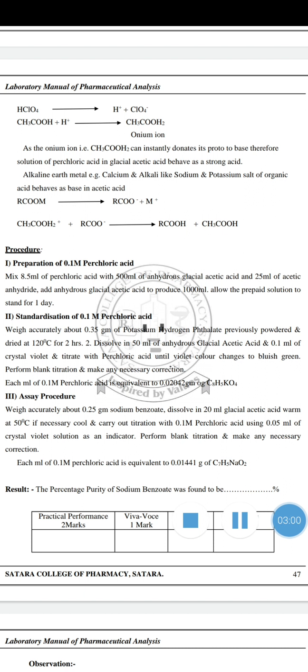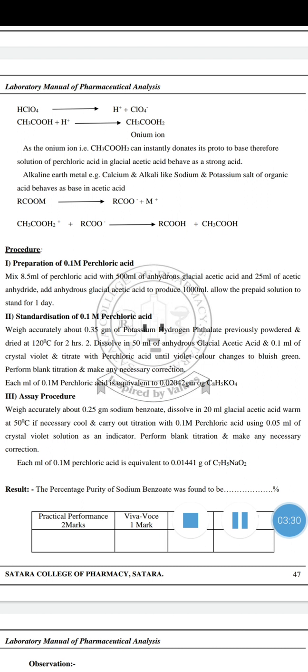Allow the prepared solution to stand for 1 day. Then standardization of 0.1 molar perchloric acid: weigh accurately about 0.35 gram of potassium hydrogen phthalate, previously powdered and dried at 120 degrees Celsius for 2 hours. Dissolve in 50 ml of anhydrous glacial acetic acid, add 0.1 ml of crystal violet and titrate with perchloric acid until the violet color changes to bluish green.